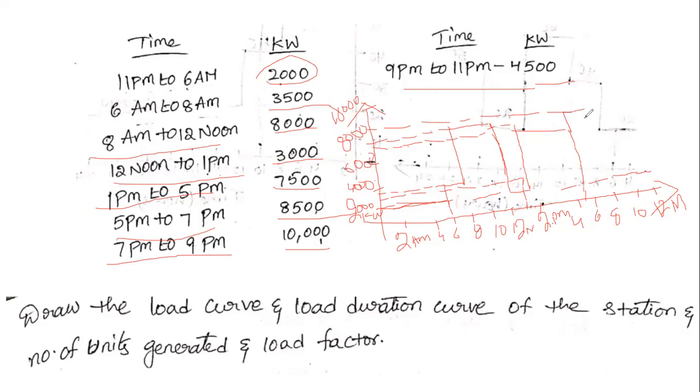That is 7 p.m. Next, 7 p.m. to 9 p.m. is 10,000. This is the 9 p.m., that is 10,000.